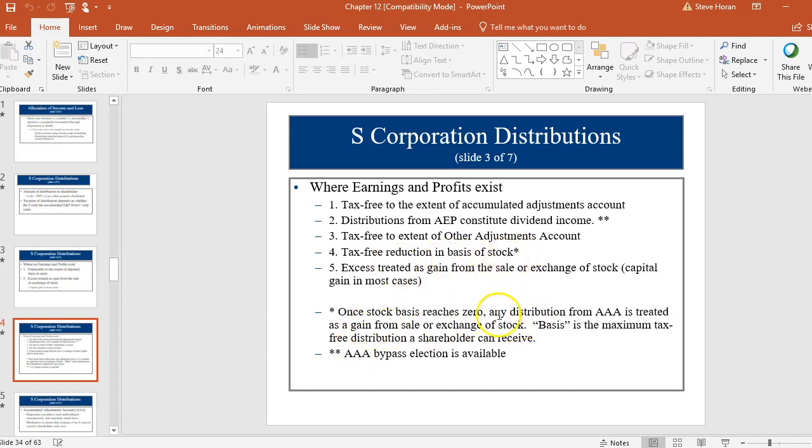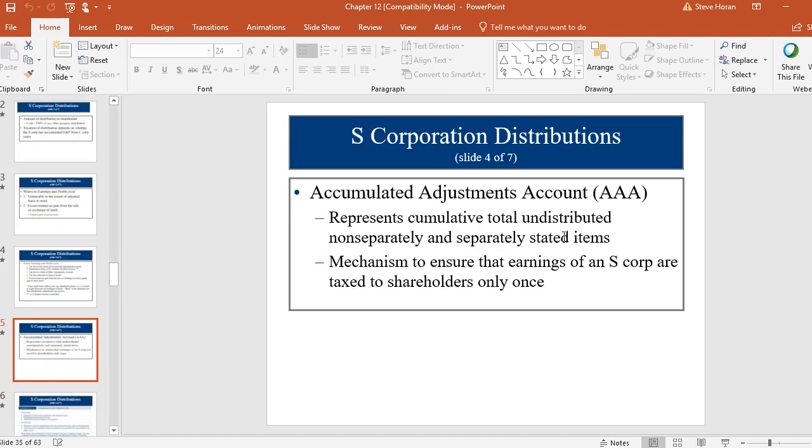Once stock basis reaches zero, any distributions from the AAA, the accumulated adjustments account, is treated as a gain from sale. And the AAA bypass election is available for the double star right here, and the AEP is accumulated earnings and profits. Okay, so bottom of page 15 is kind of where they talk about this. So we'll do some homework problems that'll hopefully make this more easy to understand.